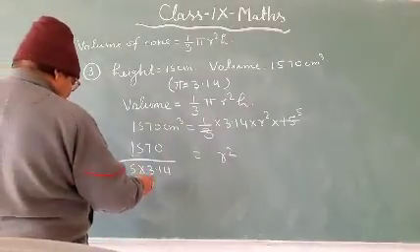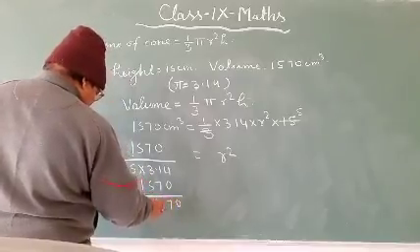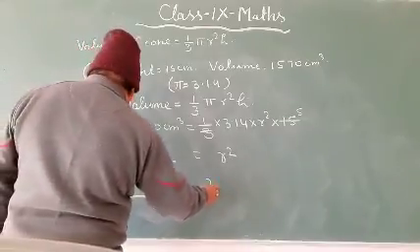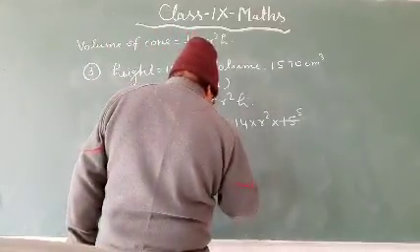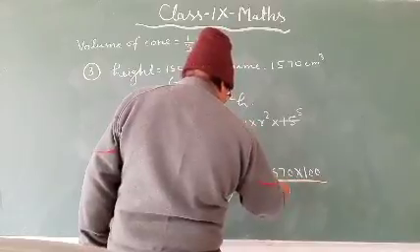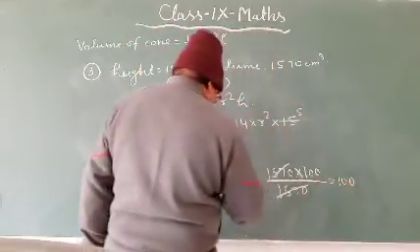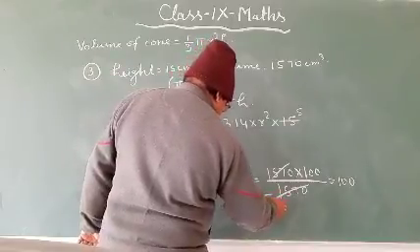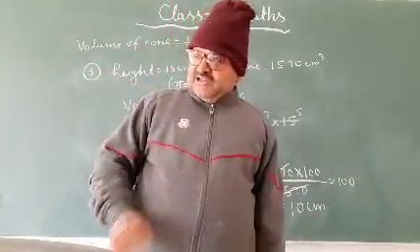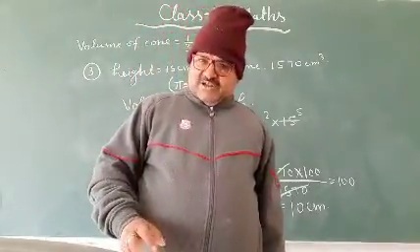That is 1570 upon 15.7, so r square equals 1570 into 100 upon 1570, which cancels to 100, and r equals under root 100, that is 10 centimeter. 10 centimeter is the radius of the base of the cone.